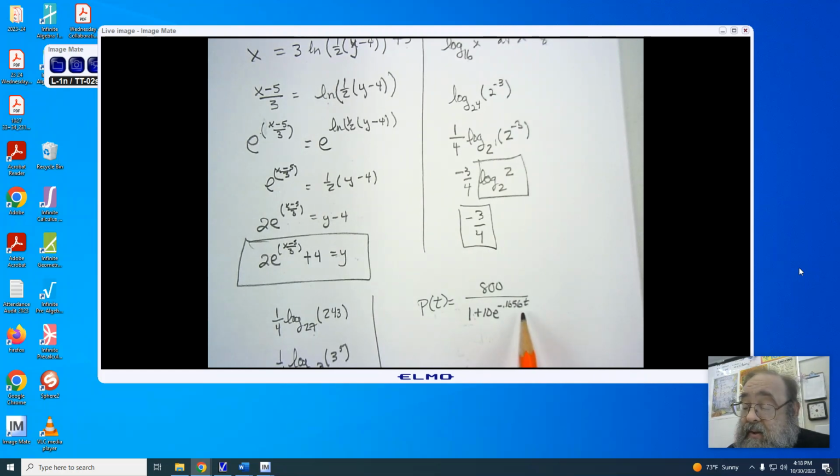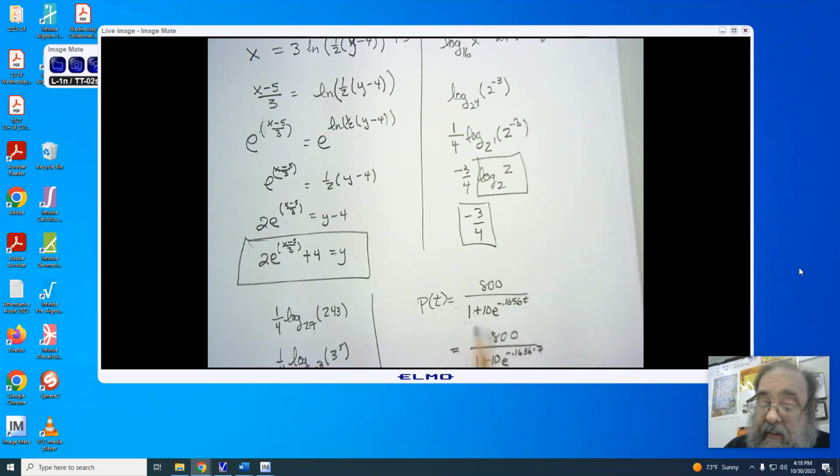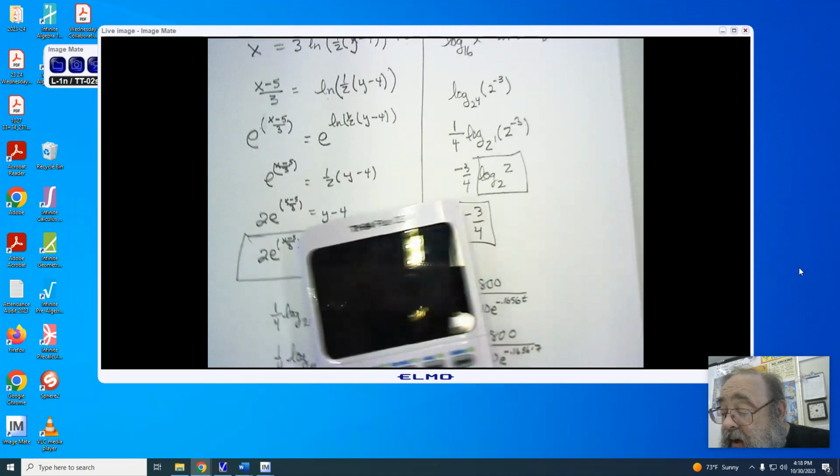They tell you t is measured in months, so we're going to be putting in 800 divided by 1 plus 10 e to the minus 0.1656 times 7. We're going to put it into our calculator and see what we get.